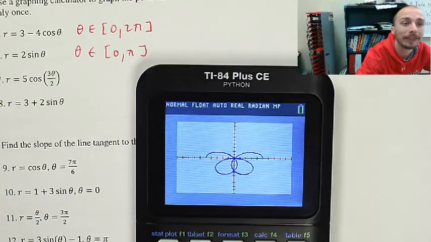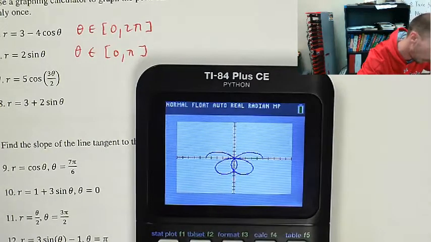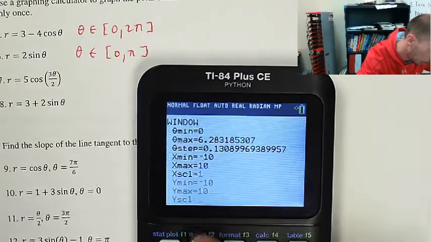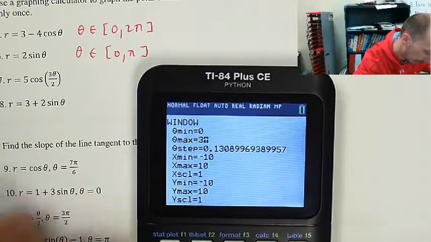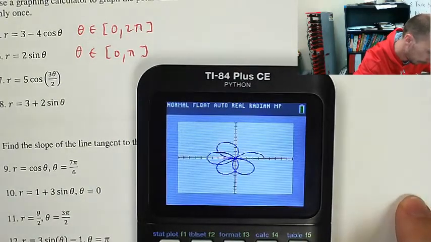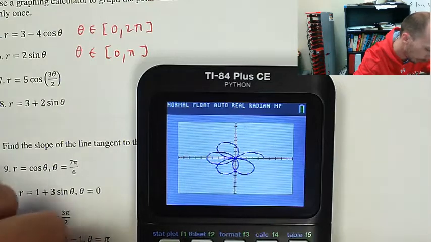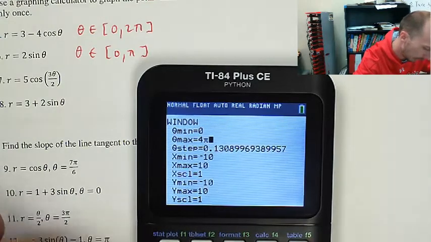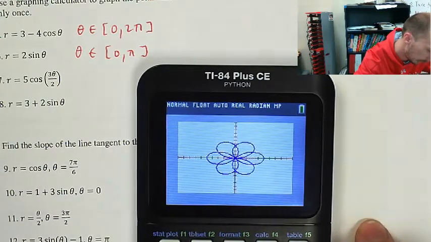Okay, 2 pi is not enough. Maybe I'll try 3 pi, maybe I'll just add more pi. So 3 times pi. That's not enough. So I'm going to do 4 pi. And that looks like it was good.